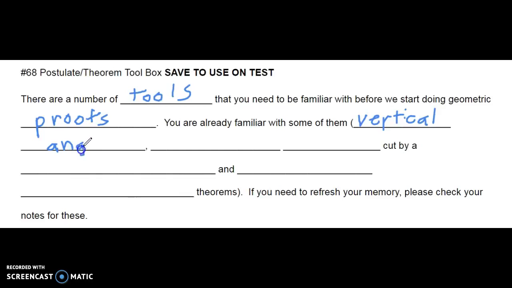We talked about those a couple assignments ago. We talked about parallel lines. Okay. And what kind of angles were formed when they were cut by a transversal?